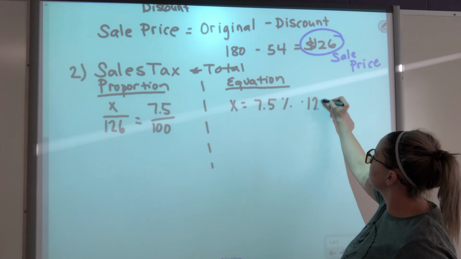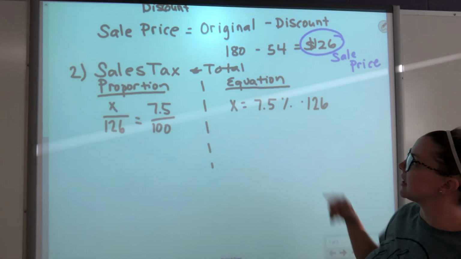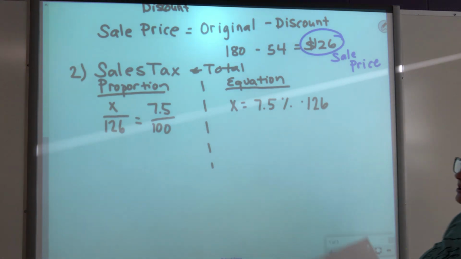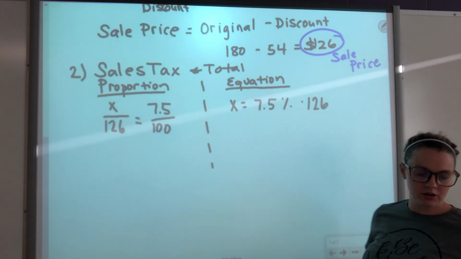And we know our sale price of the snowboard is $126. So my equation kids, go ahead and solve how much we're going to pay in sales tax. Proportion kids, solve how much we're going to pay in sales tax using a proportion. Again, if you need it paused, ask the teacher to pause the video so you can work.